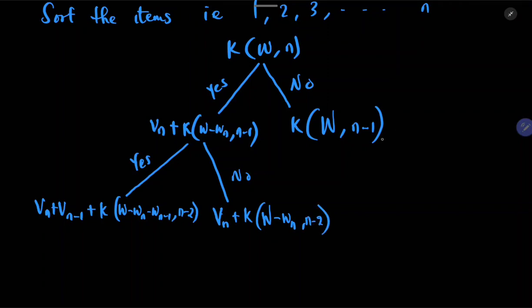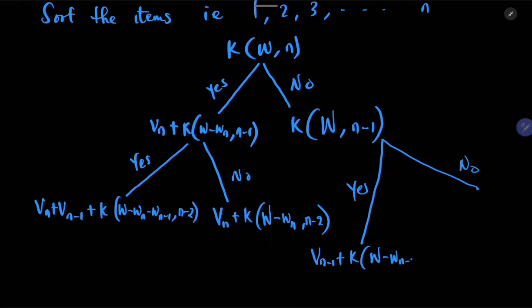And the same thing happens here. We decide, do we pick or not to pick? In case we pick, yes, we don't pick, no. If we say yes, it means now in our sack we have the value of n minus 1, plus the capacity W minus Wn minus 1 remaining, and n minus 2.